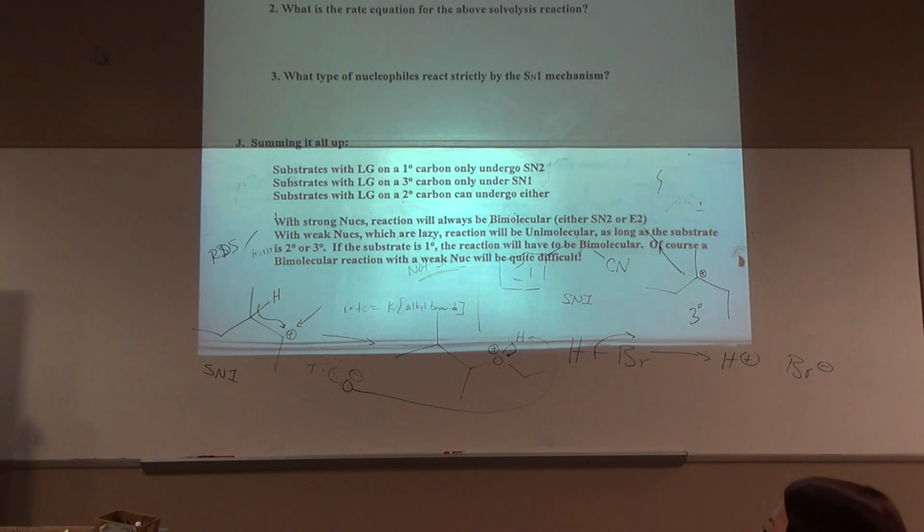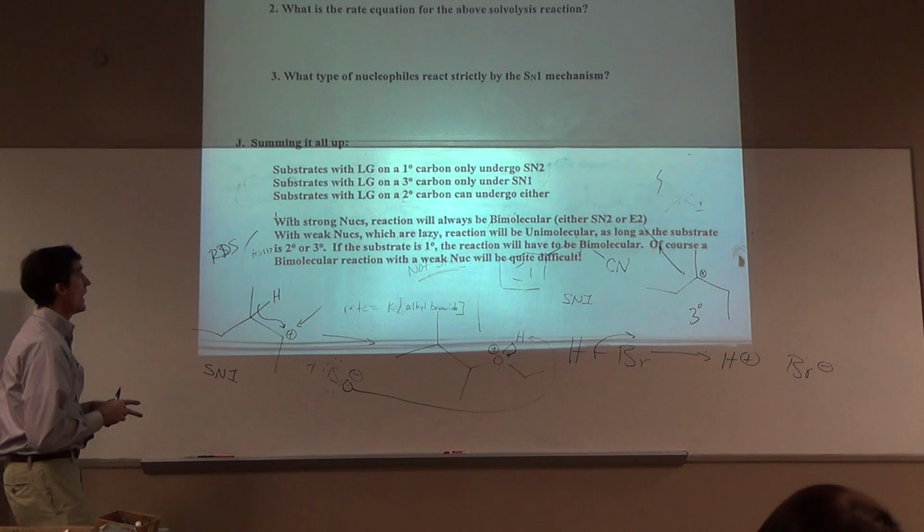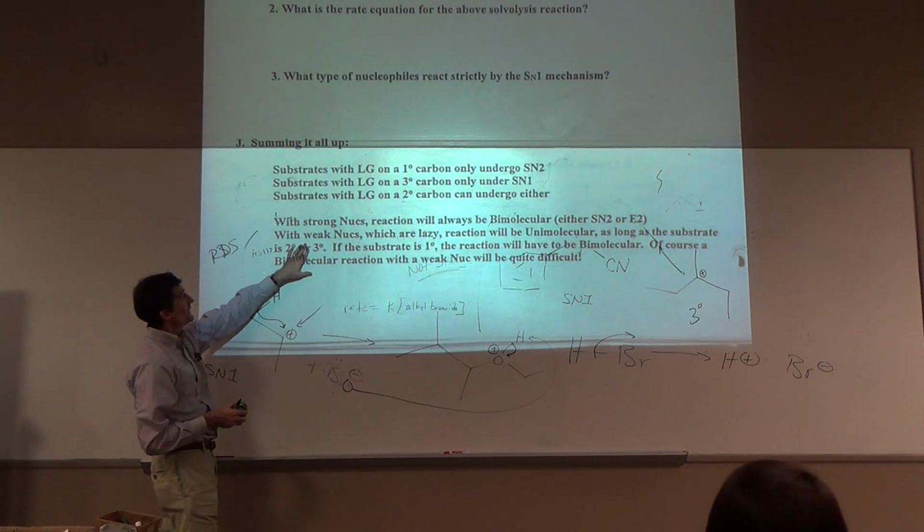Because strong nucleophiles are bullies. They're always sticking their nose in there, and it has to be involved. You got a strong bullied nucleophile: here I come, I'm involved. It's going to be bimolecular. I'm not waiting on you to ionize. I'm coming in backside.